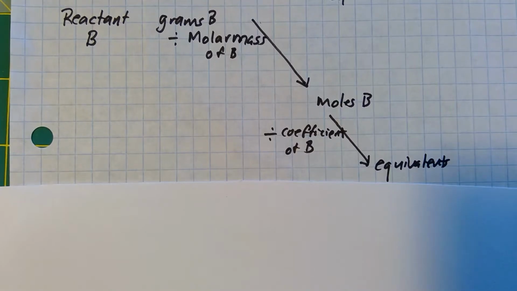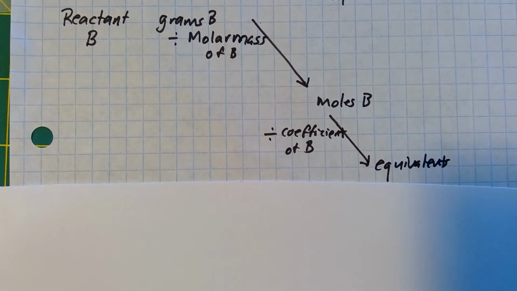For our second reactant, let's call it reactant B, we're going to do the same thing. Regardless of where we start, whether in grams or moles, we're going to convert to equivalents. So grams to moles, divide by the molar mass, and moles to equivalents, divide by the coefficient.